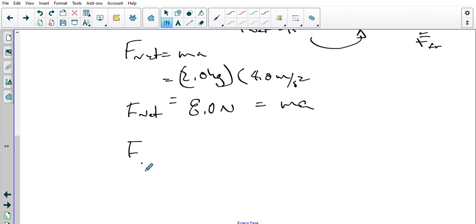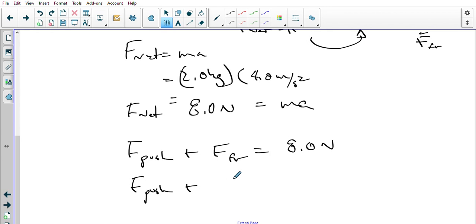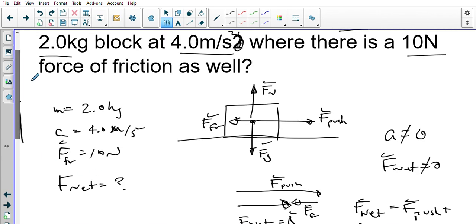But our force of our push plus our force of friction has to equal 8 newtons. Our force of our push plus our negative 10 newtons has to equal 8 newtons. Why is this negative? Because it's going the opposite direction. If we were to go back up top here, then we would say that this direction is positive. And we can say upwards is positive as well, but upwards forces are equal to each other, so they cancel each other out.